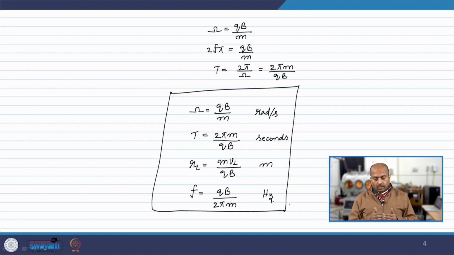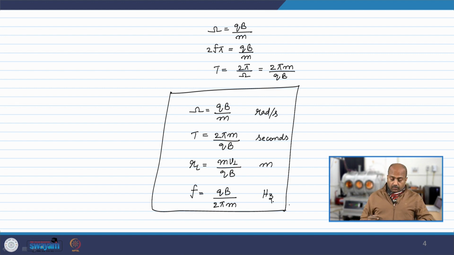Now, of course, the magnetic field's effect is realized only in the x and y components of velocity. The z component of the velocity will remain constant with respect to time, right? So, Vx and Vy are referred to as the perpendicular components of the velocity, and Vz is the parallel component.